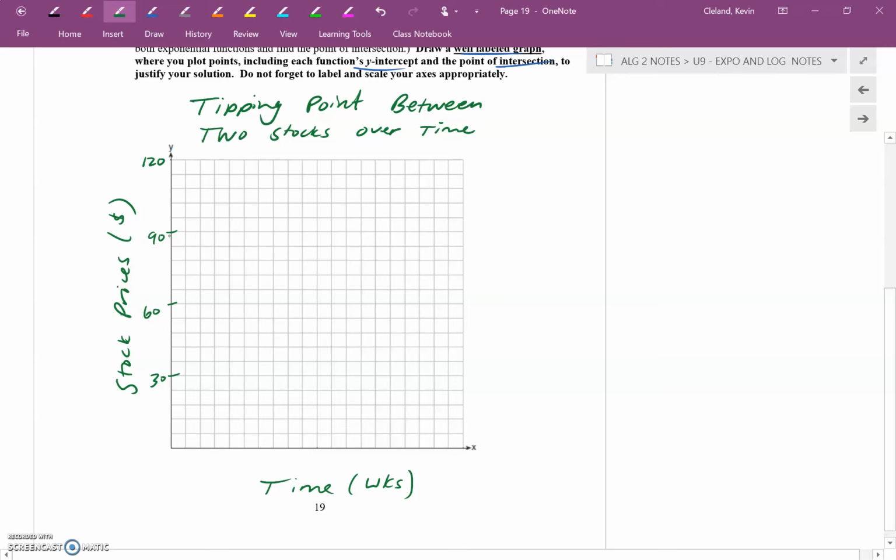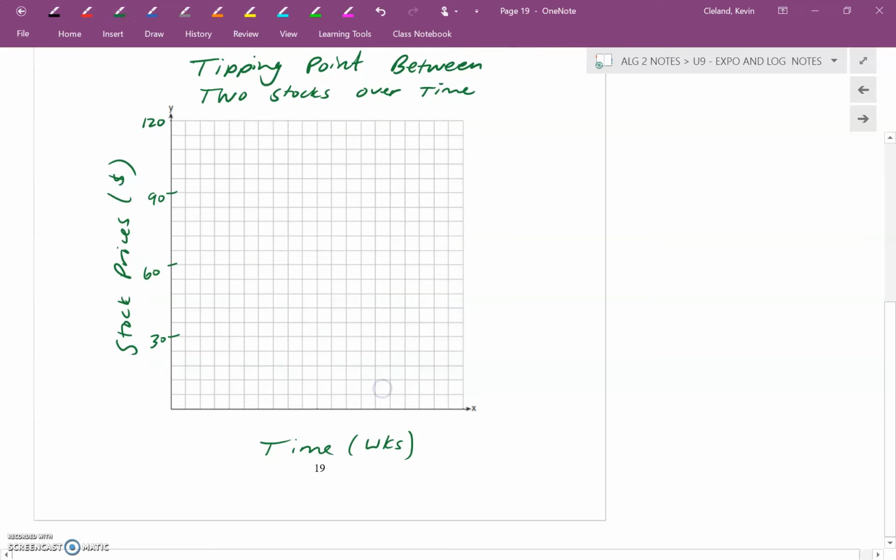And for time in weeks, we could actually just count by ones. We're good to go here. 1, 2, 3, 4, 5. And 20. Cool. They intersect here, so the very important point here at 11.5, comma 31.4.